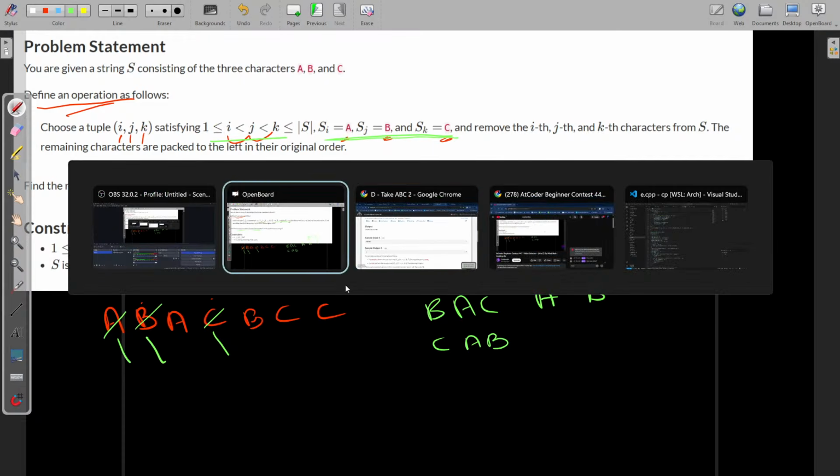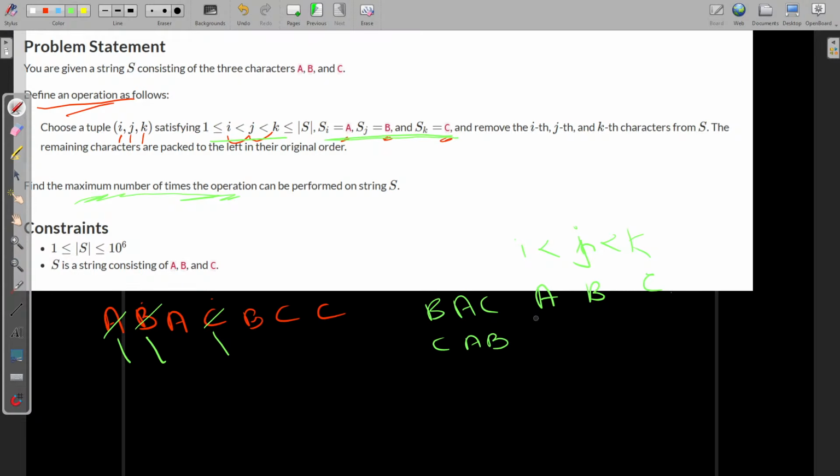So we will try to do this operation as many times as possible. We have to find the count, how many times we can do this operation. So in this example, we have already done it once by selecting indices. Let me just do the numbering: 1, 2, 3, 4, 5, 6, 7. The first operation, we selected indices 1, 2, and 4. The second operation, we can select the indices for A and B, and for C, we can select either 6 or 7.